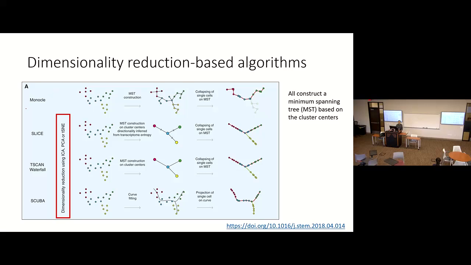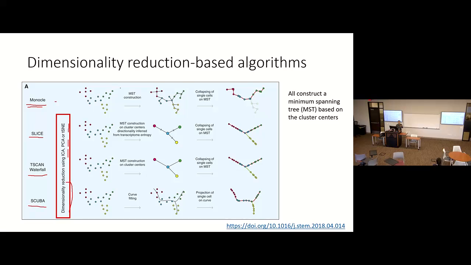So these are a selection of several pseudotime analysis tools: Monocle, Slice, TSCAN, SCORPIUS. Each of them uses different technology to do the dimensionality reduction. Use ICA, PCA, or t-SNE. Okay, they all have the dimensionality reduction step first.